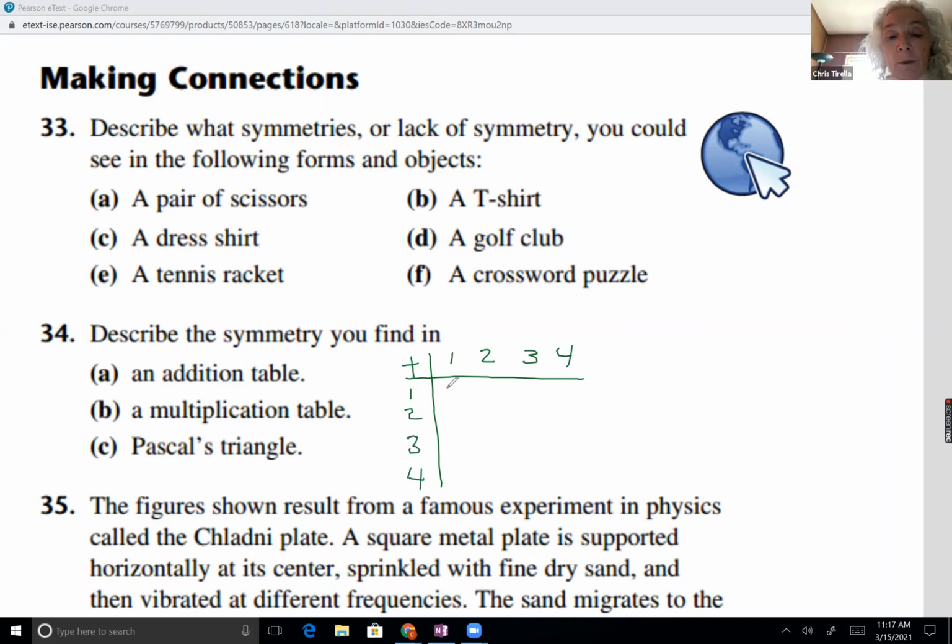We go 1 plus 1 is 2, 1 plus 2 is 3, 1 plus 3 is 4, 1 plus 4 is 5. 2 plus 1 is 3, 2 plus 2 is 4, 2 plus 3 is 5, 2 plus 4 is 6. And we'd keep on doing our addition facts, filling in this table.